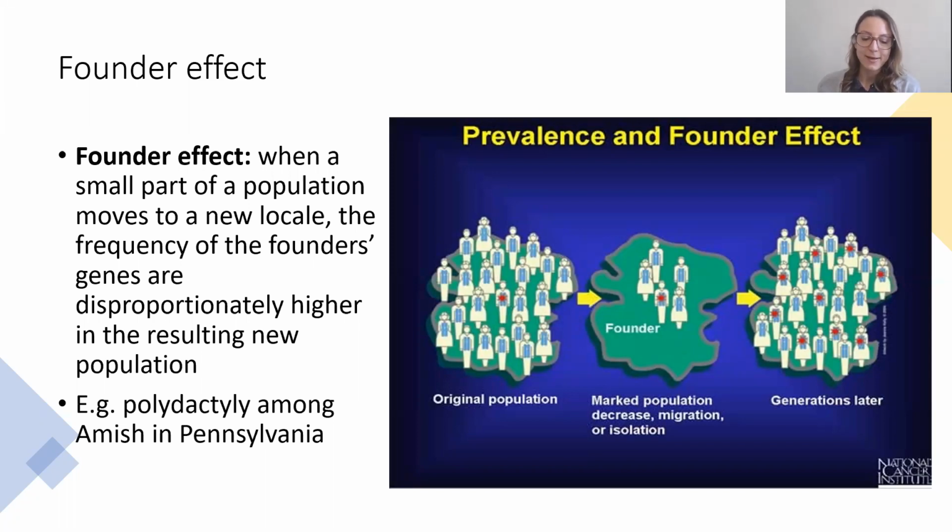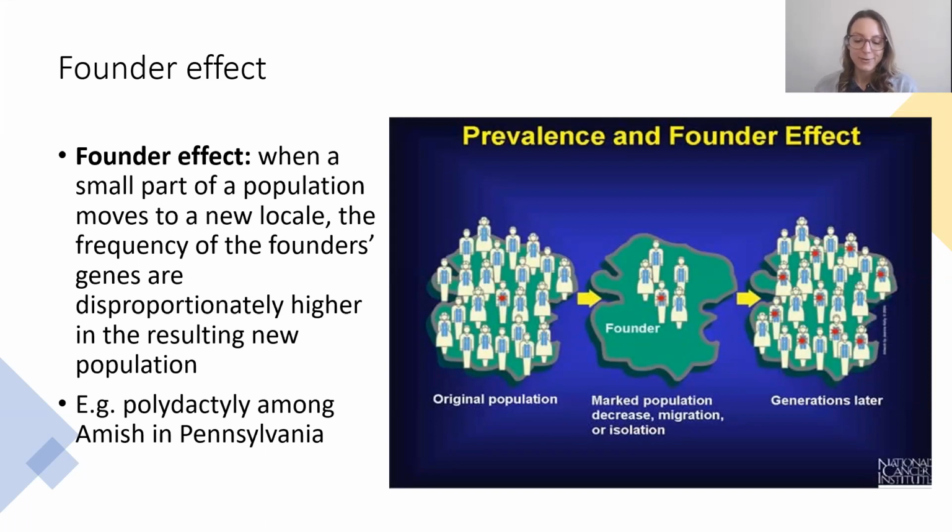Well, Ellis-van Creveld syndrome was particularly overrepresented in those original 200 people that came from Germany, for whatever reason, may have been just a fluke. But once they settled in the States, their genes with the syndrome became much more common as the people intermingled with one another and formed a very isolated genetic pool in Pennsylvania.